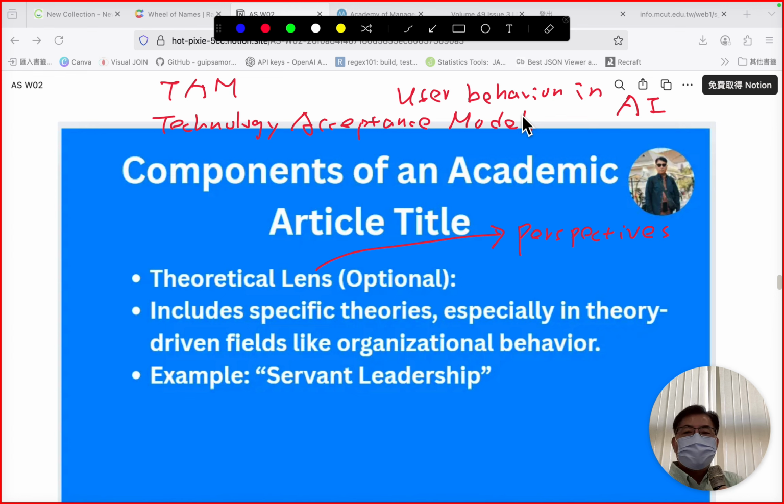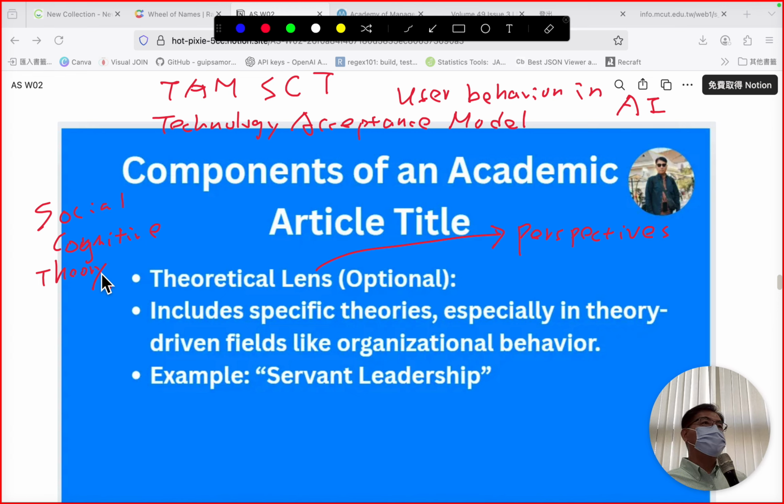TAM, or some people may select SCT, called social cognitive theory. Have you ever heard this one before? Social cognitive theory, by Bandura. Anyone?